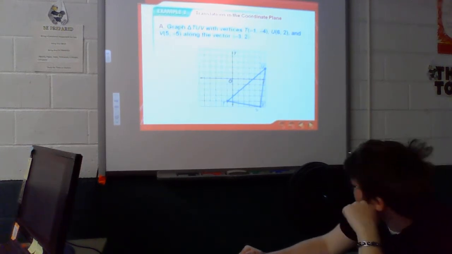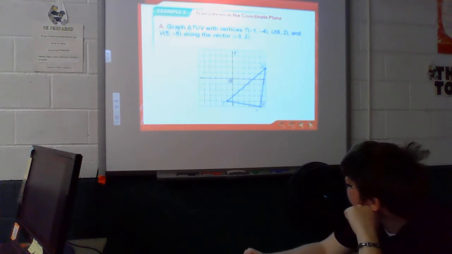Again, I'm always thinking about adding, but obviously if I have a positive and a negative, then I just subtract them. Okay? So again, we're going to represent it just like we represented it yesterday. When I go to my next image, this is my pre-image. When I go to my image to draw it, I would call it not T, but what? T prime, put that little apostrophe, right?